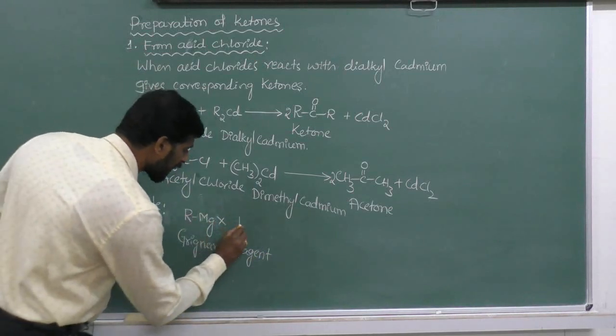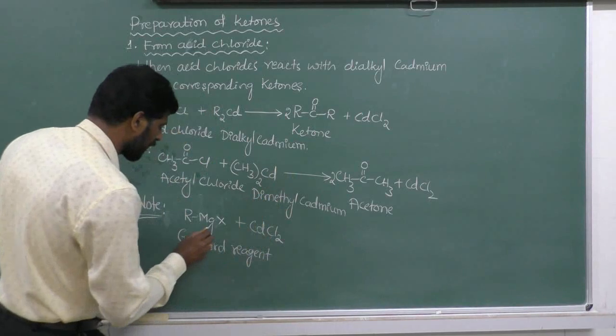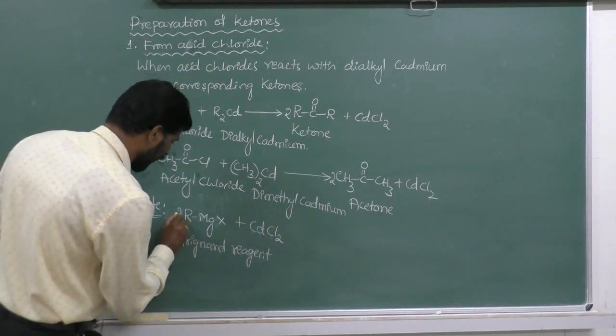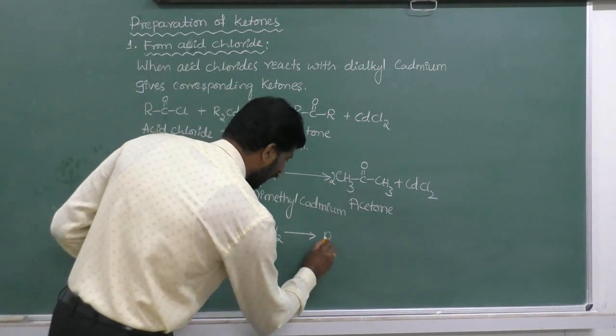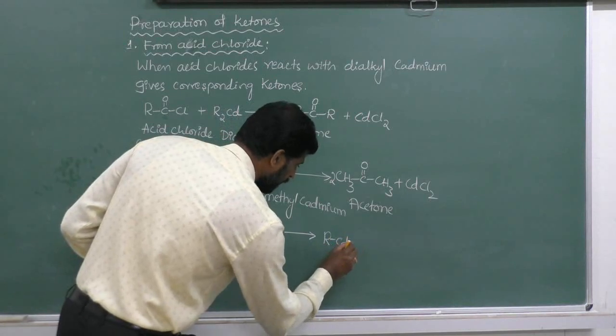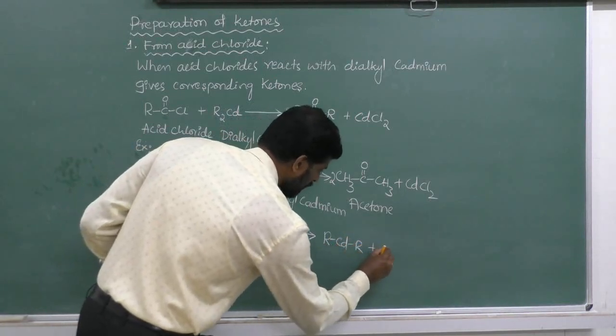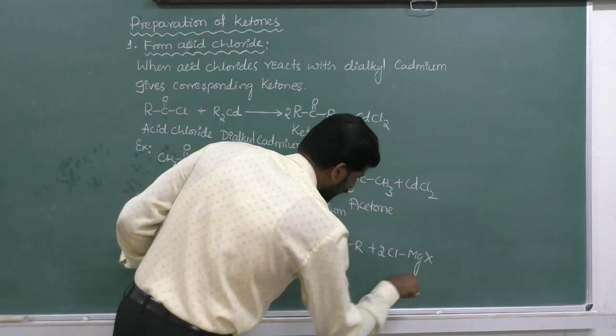And this Grignard reagent reacts with cadmium chloride, that leads to the formation of R2Cd plus 2 molecules of ClMgX.